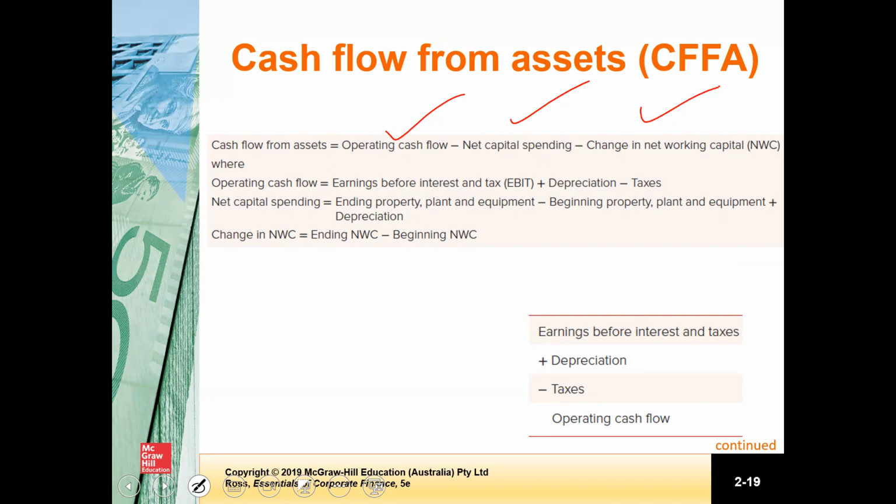It is measured as the change in net working capital over the period being examined and represents the net increase in current assets over current liabilities. So net working capital is current assets minus current liabilities. And when we say change in net working capital, it is the net working capital this year minus net working capital the previous year.